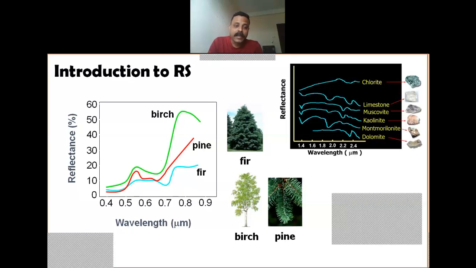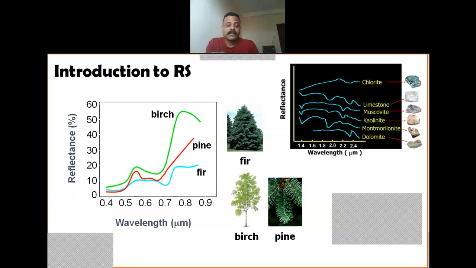So that is why, when we recognize a response coming from a leaf of a tree, we have the maximum response in this range, around 550. And 550 corresponds to the green range. That is why the leaves of the trees we see only in green color.